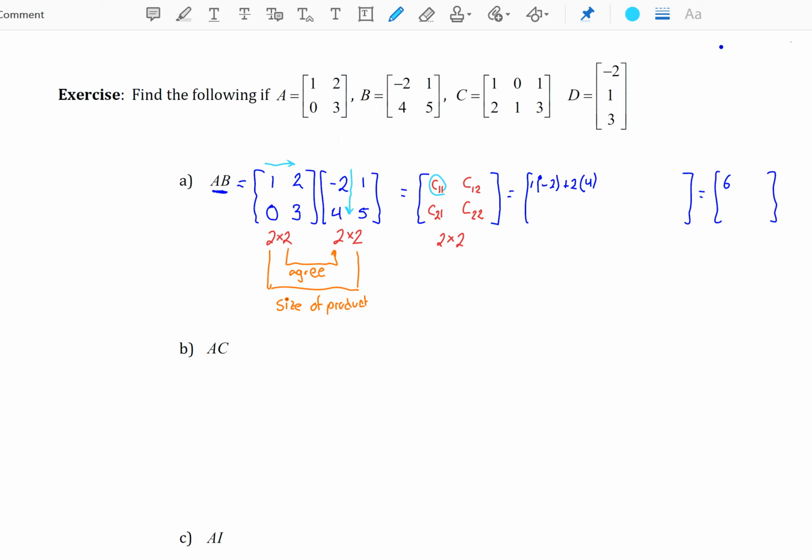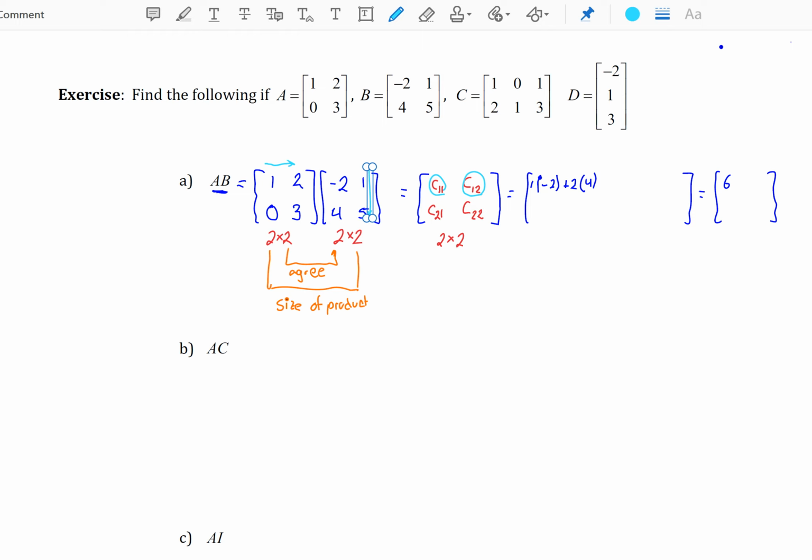If I wanted to find the value in the C12 position, then I would take the values in matrix A that are in the first row and multiply by the values in matrix B in the second column.